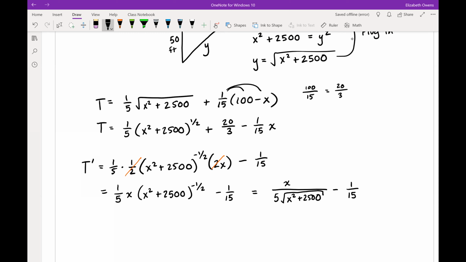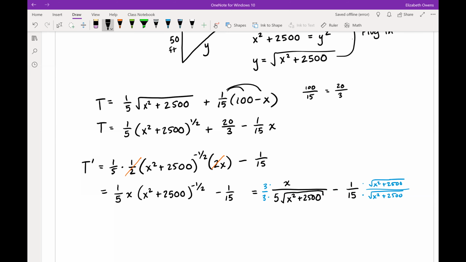So yeah, I think I'm going to make this into just a single fraction because you've probably seen by this point that does help with finding the critical points. So let's multiply this first expression by 3 and then multiply the second expression by the square root of x squared plus 2,500.